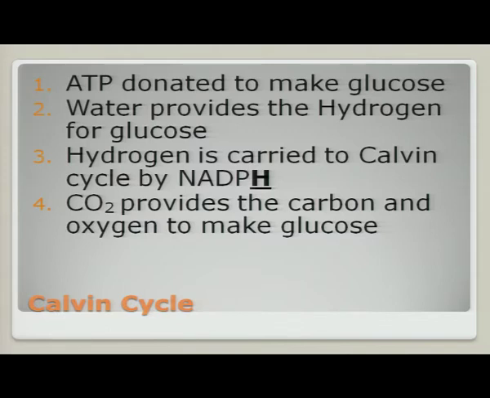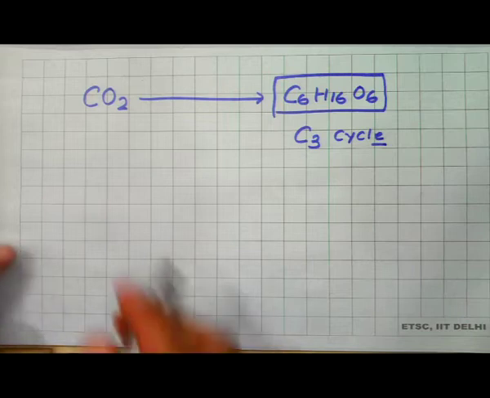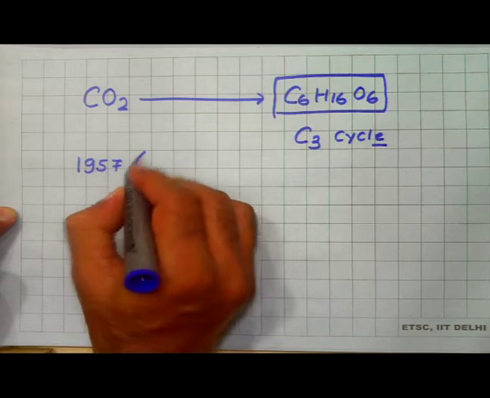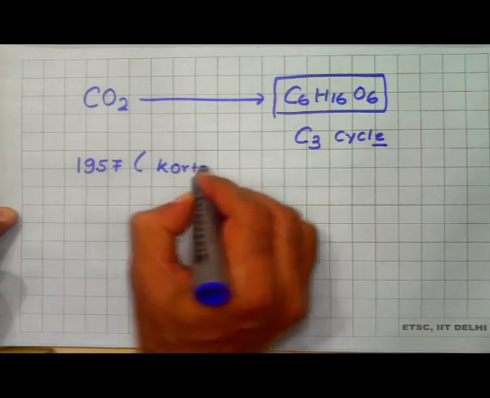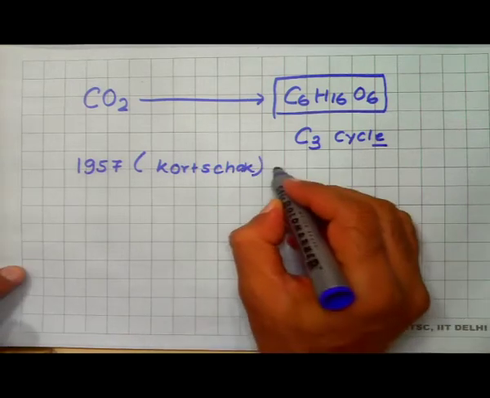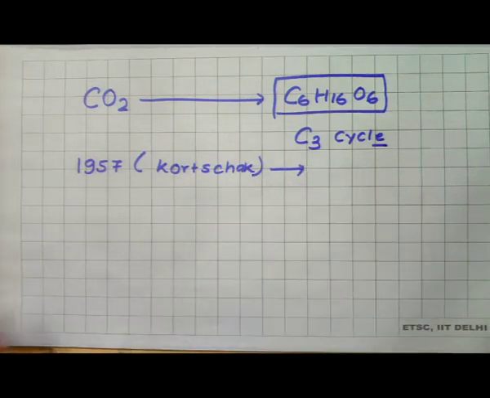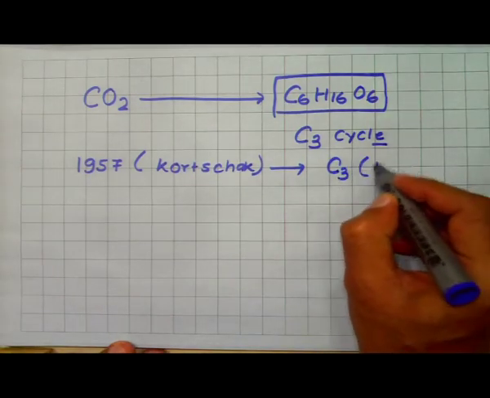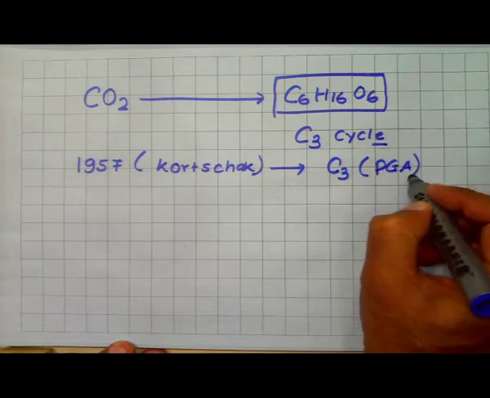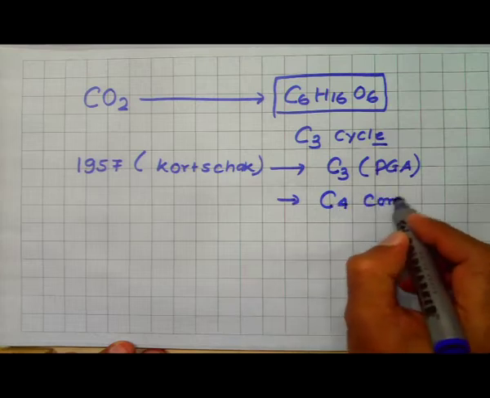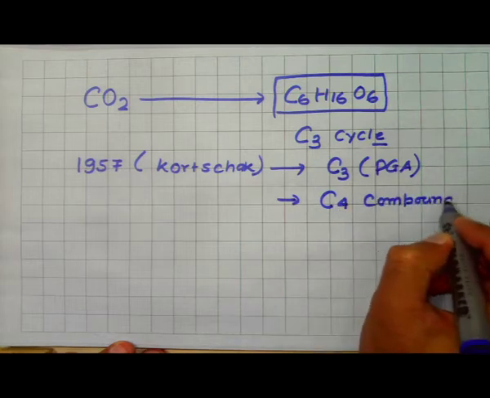But in 1957, the scientist Stock reported that instead of a carbon 3 compound, PGA, a C4 compound was found as the first stable product while working with dark reaction.